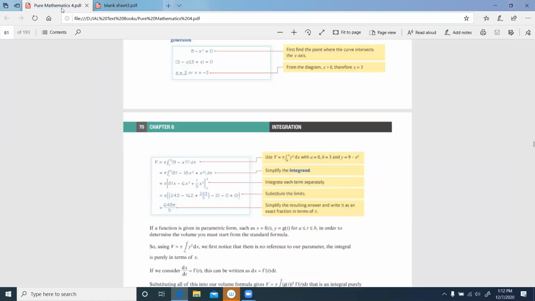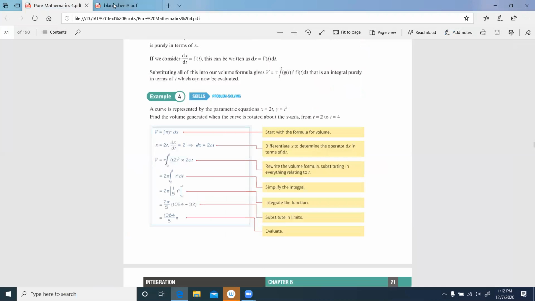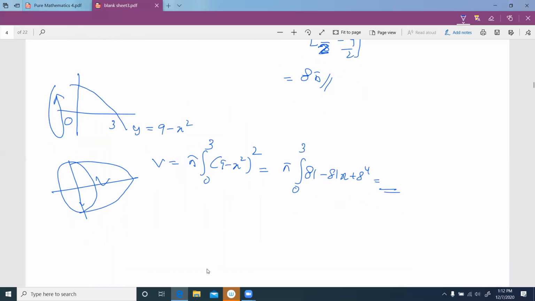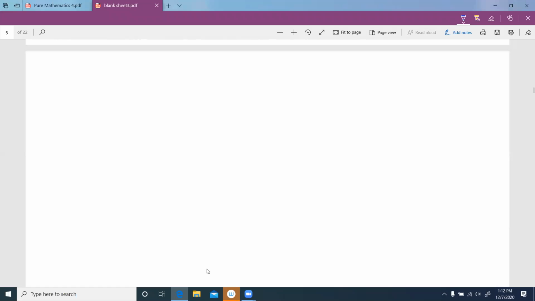Sometimes you can see a parametric involvement that we come across in volumetric integration, and they might give you a question like this. x equals t to the power 2 and y equals t cubed.